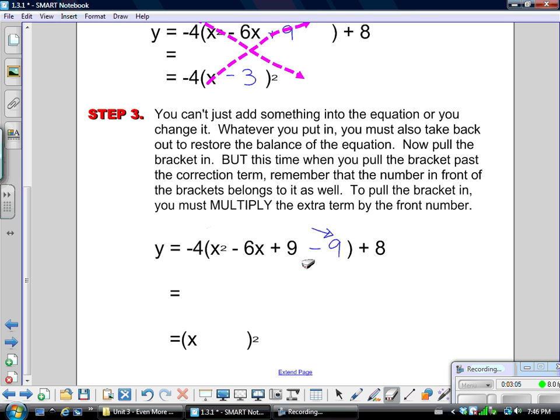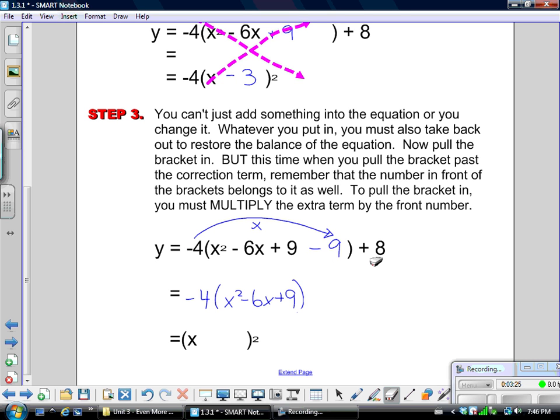Now the problem is that the first three terms I'm interested in, okay, are in the bracket. That's the perfect square. But the problem is this negative 9. When I take that negative 9 out of the bracket, before what was in front of that bracket was a positive 1. This time it's a negative 4.